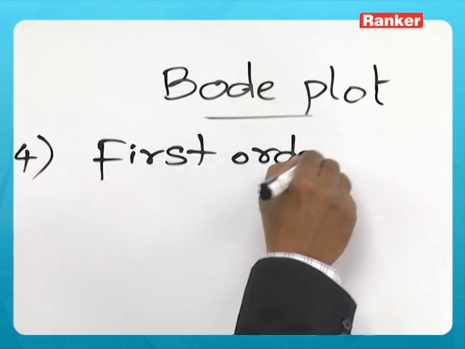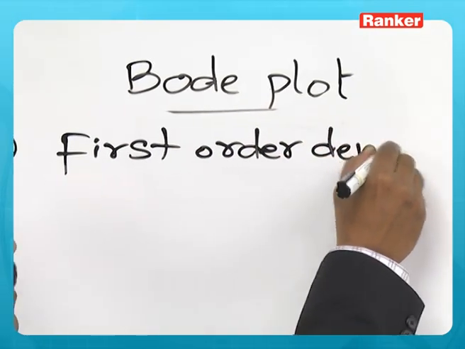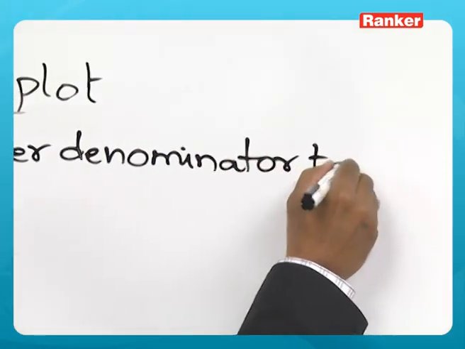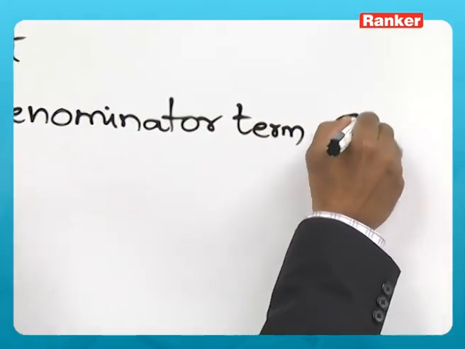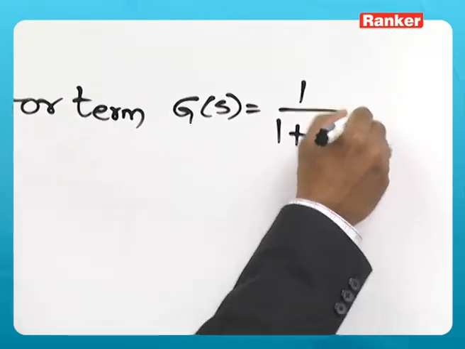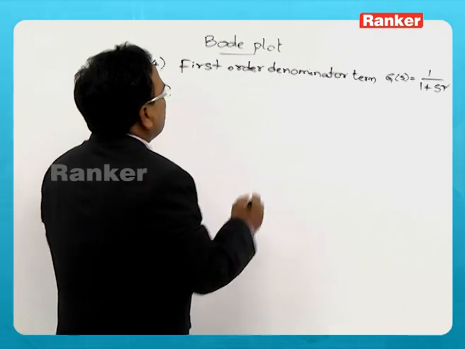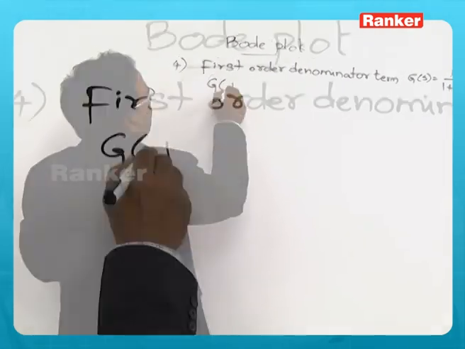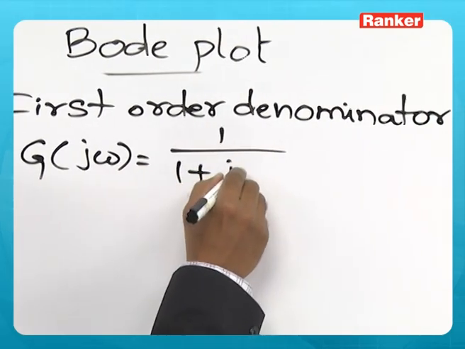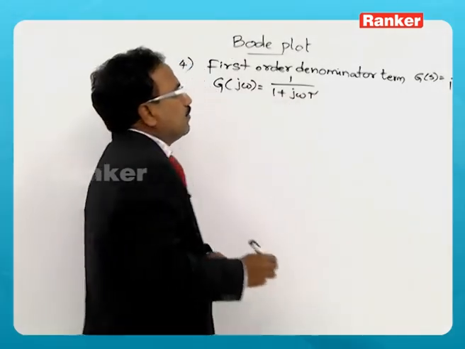First order denominator term, that means the G(s) is given by 1 by 1 plus s tau. So, the sinusoidal function is given by 1 by 1 plus j omega tau.